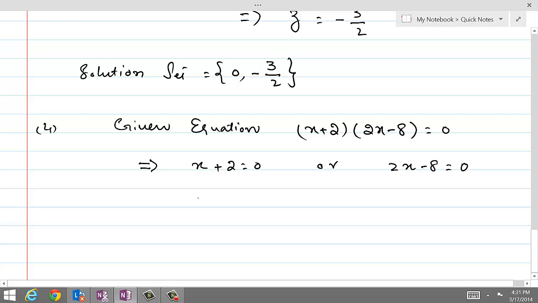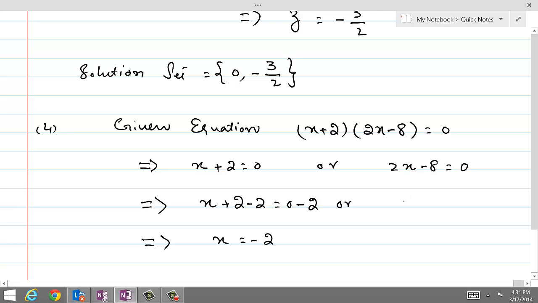If the first factor is equal to 0, we are going to isolate x, and for that purpose we will be taking away 2 from the left side to transfer it to the right side, so we will subtract 2 on both sides. Minus 2 is equal to 0 minus 2, so this will give us x equal to minus 2.